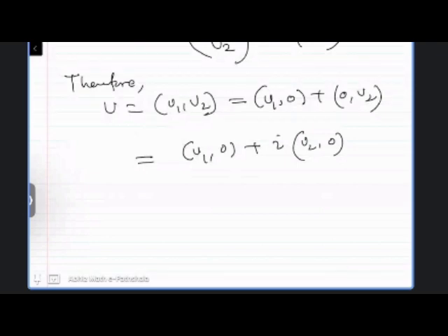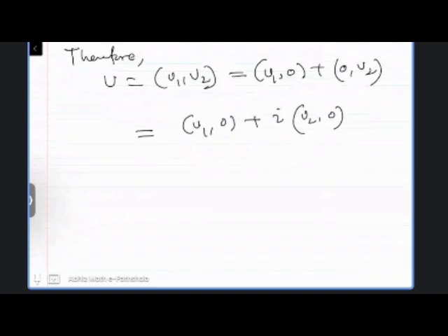So formally, that's the elements. You can identify this element by V1, you can identify this element by V2 as an element of V. And you can represent this V as V1 plus I V2. Is it okay?